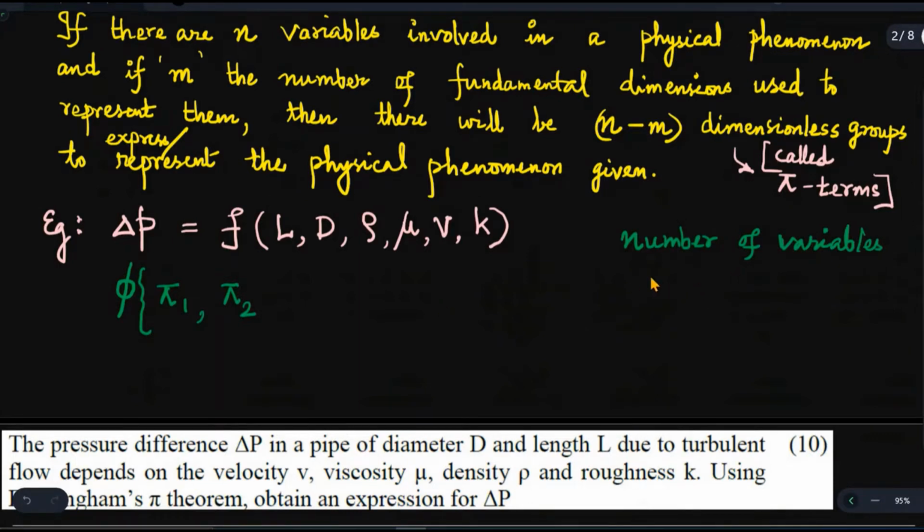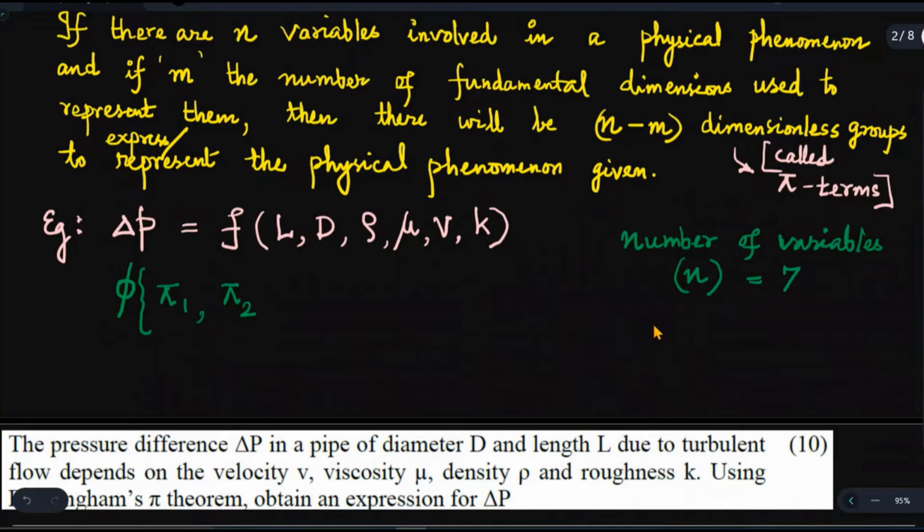Here the physical phenomenon is a pressure drop. So we have to study that phenomenon. So the number of variables here, n, is equal to, if you count delta P, L, D, rho, mu, V, and K, then the total is 7.